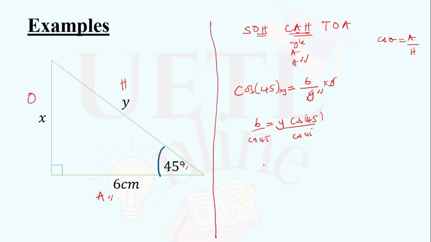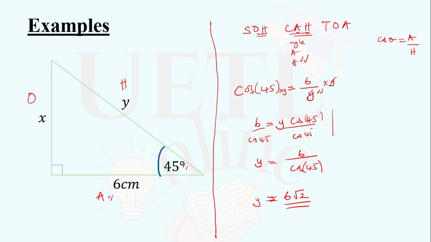In this case, we get y is equal to 6 over cos 45. Now we are going to use our calculator. You can see that our y is equal to 6 root 2. You can punch it on the calculator, or you can use those tables, or you can just use the calculator. So our y is equal to 6 root 2.